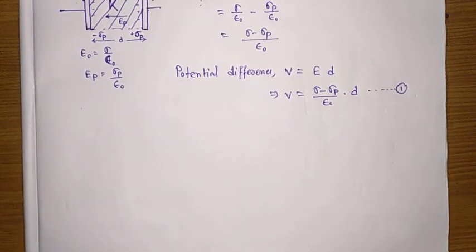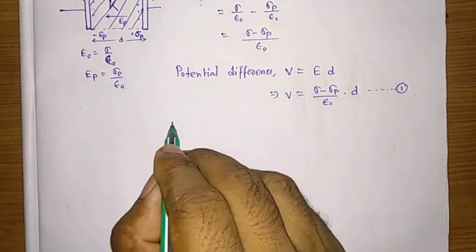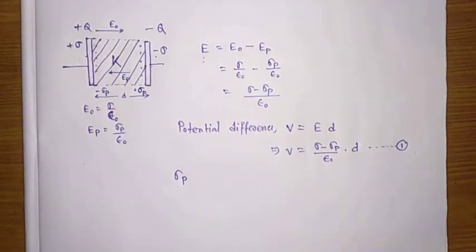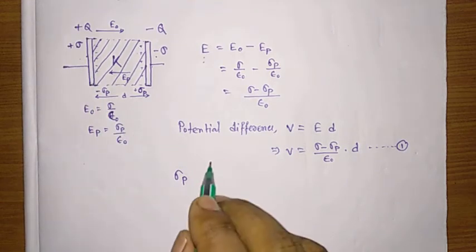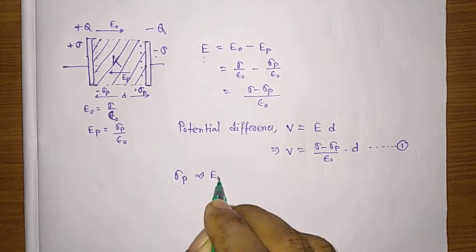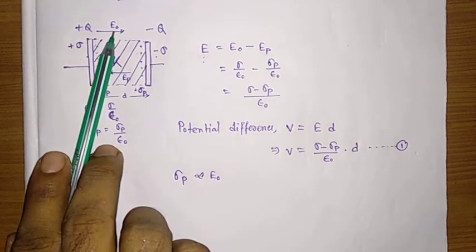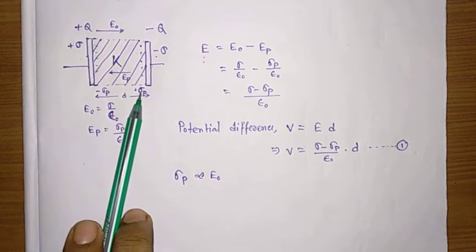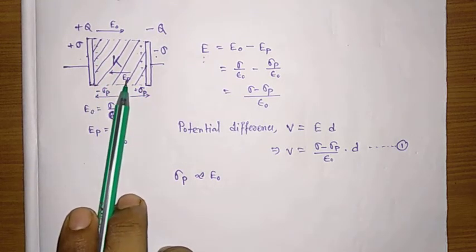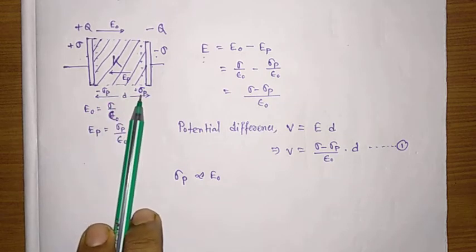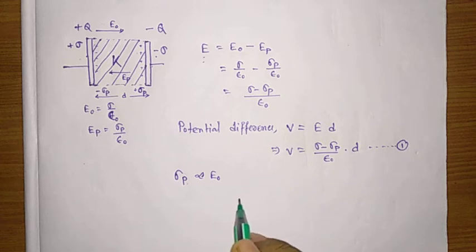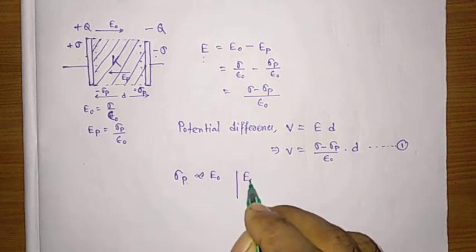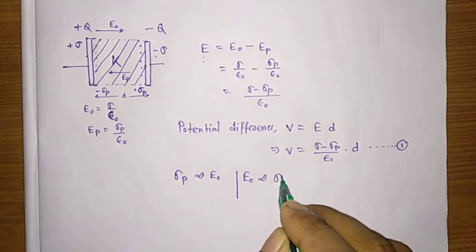Now observe one thing here: sigma P, the polarization charge density, depends on E naught. If E naught is large, then the polarization field is also large and this charge density also increases. So sigma P is proportional to E naught. Again, E naught is proportional to sigma.